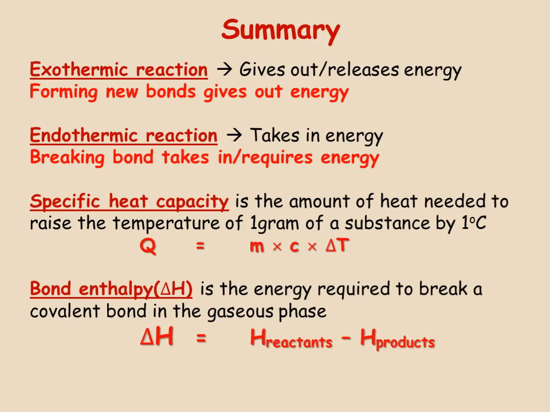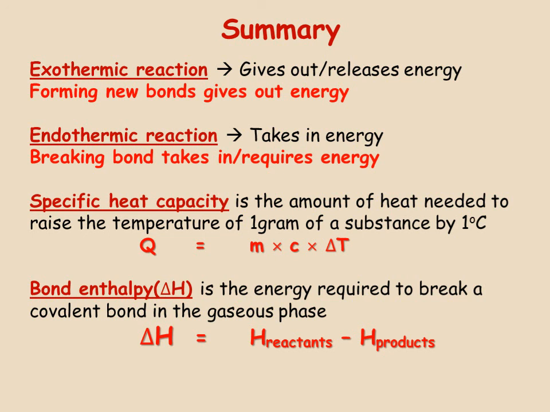And here is the summary. Whatever we have learned so far: an exothermic reaction gives out energy, and forming new bonds gives out energy, right? That happens in the products. An endothermic reaction takes in energy; breaking bonds takes in or requires energy.